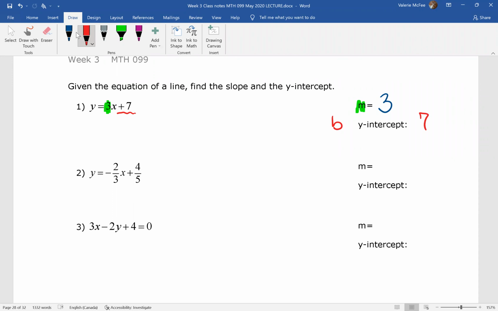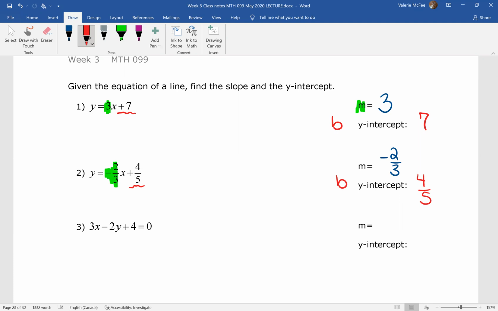Pause your video and fill in the slope and the y-intercept for question 2. Pause your video again. Fill in the slope and y-intercept for question 3.